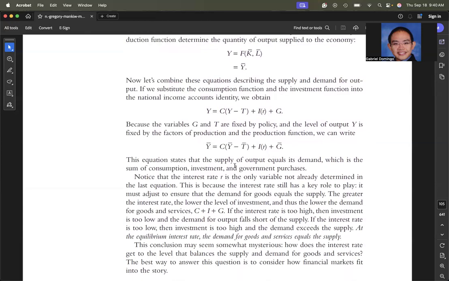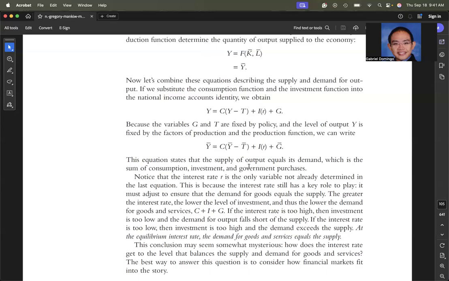And you'll see that in this equation here, because now we've replaced all of the variables that we can replace with their exogenous counterparts. You'll notice that Y bar is fixed. This is consumption, and you'll notice that consumption is a function of Y bar and T bar. Therefore, consumption itself is also fixed. And G here is also fixed.